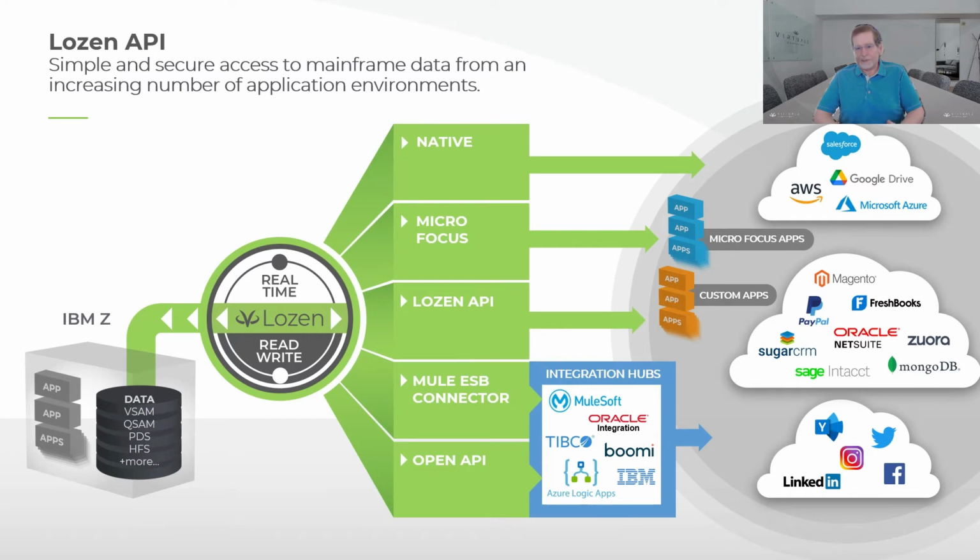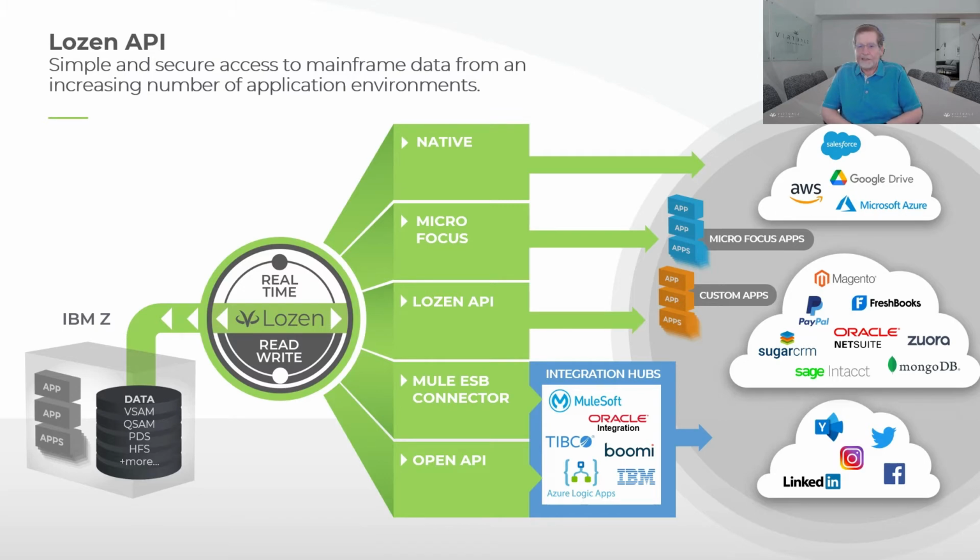So, again, if I'm searching for records by their keys, inserting records in the file, deleting records from the file, opening it and reading it backwards, all of the things that you can do in COBOL with VSAM files can not just be recompiled and executed on Windows or Linux. That program can operate against the same data using the Micro Focus integration in Lozen. So it makes it trivially simple to move that data or move that application and continue to process the same data.